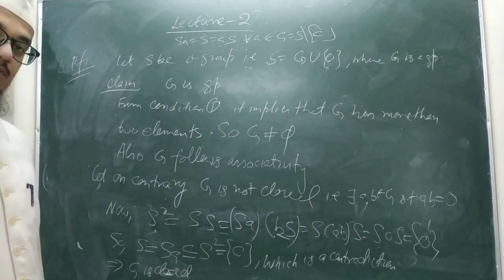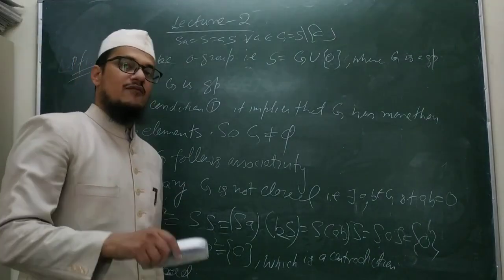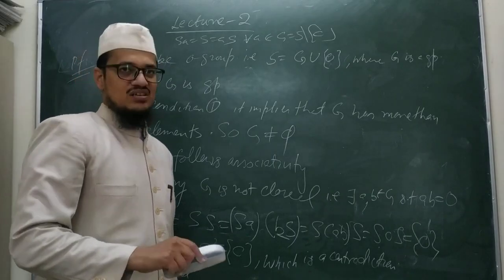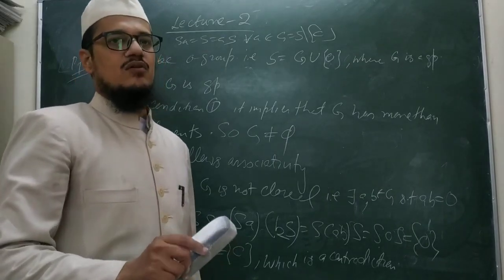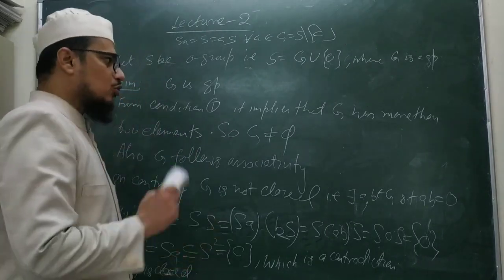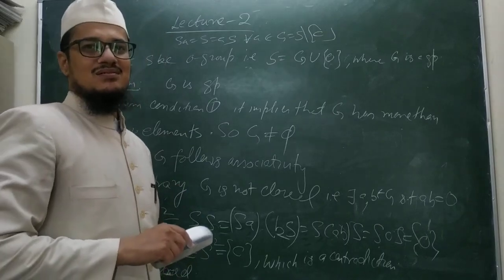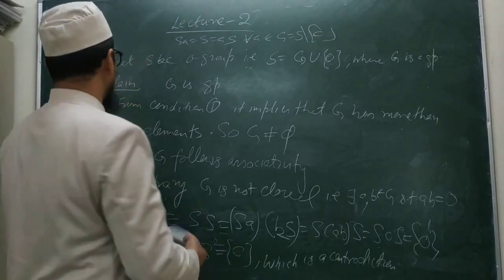Now what is left? That is existence of identity in G and existence of inverse of each element, isn't it? And I told you what is the alternative of these two conditions.